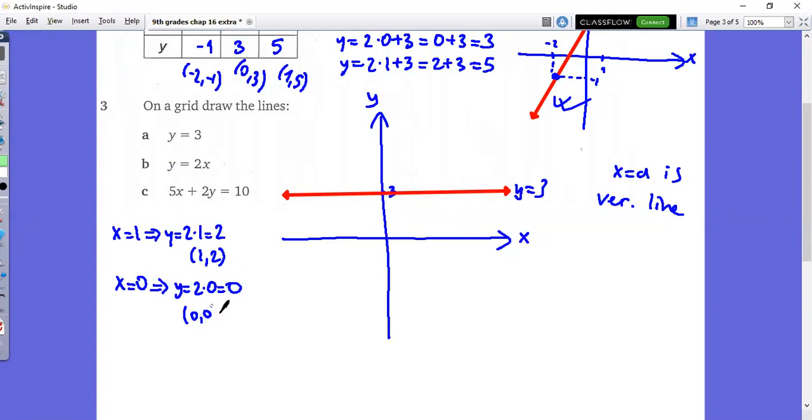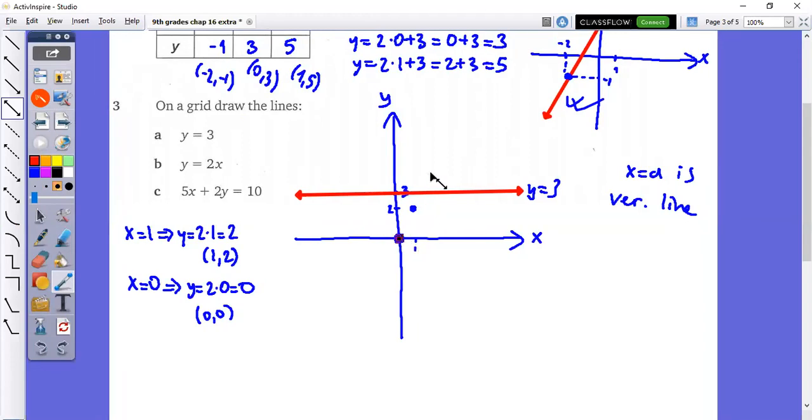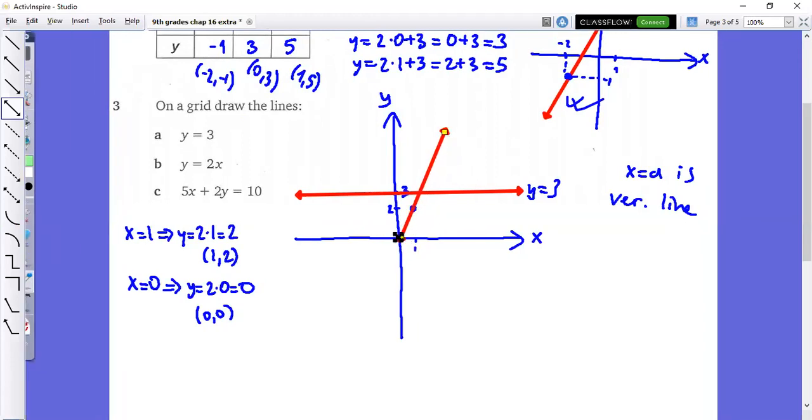The origin, (0, 0). And the other point is (1, 2). So 1 takes us to 2. We'll draw a line passing through these 2 points, the origin and (1, 2).